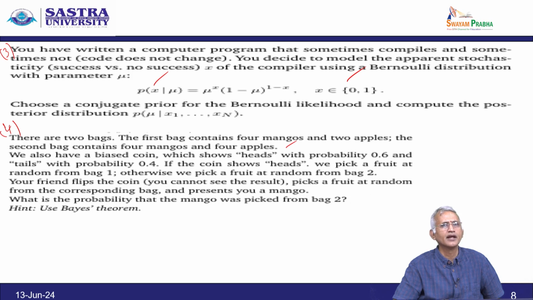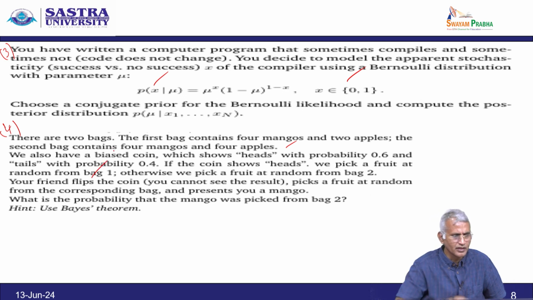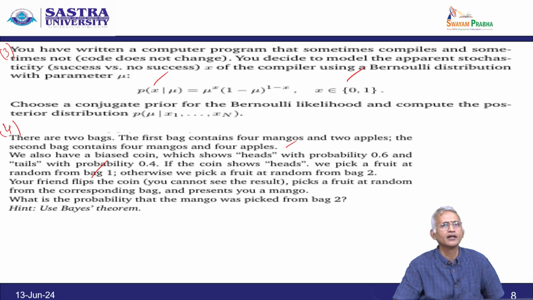If the coin shows heads, we pick a fruit at random from bag 1, otherwise we pick a fruit at random from bag 2. Your friend flips the coin, you cannot see the result, picks a fruit at random from the corresponding bag and presents you a mango. What is the probability that the mango was picked from bag 2, using Bayes theorem?